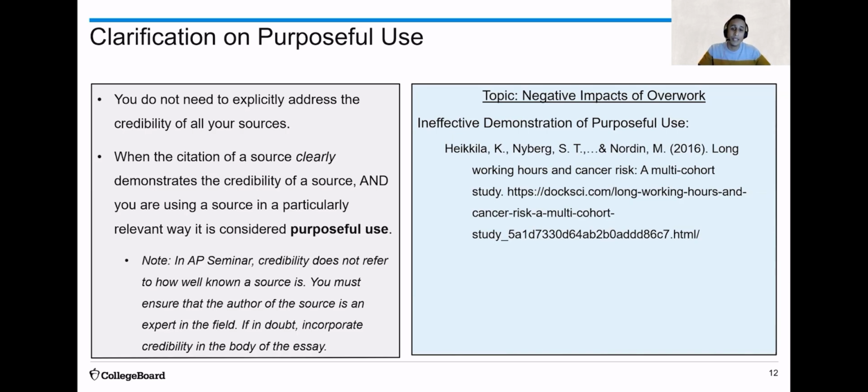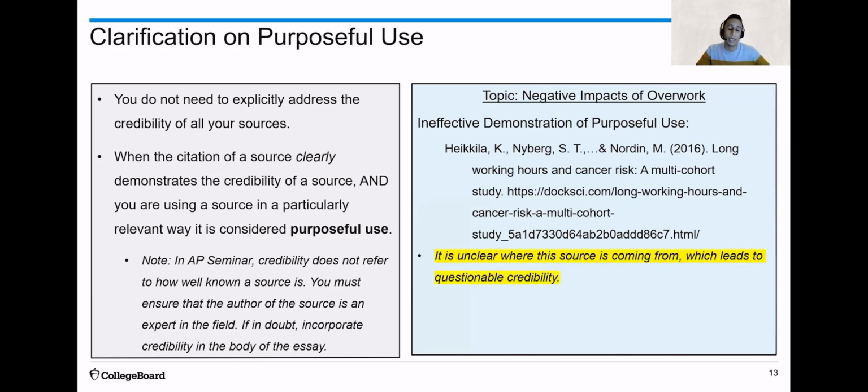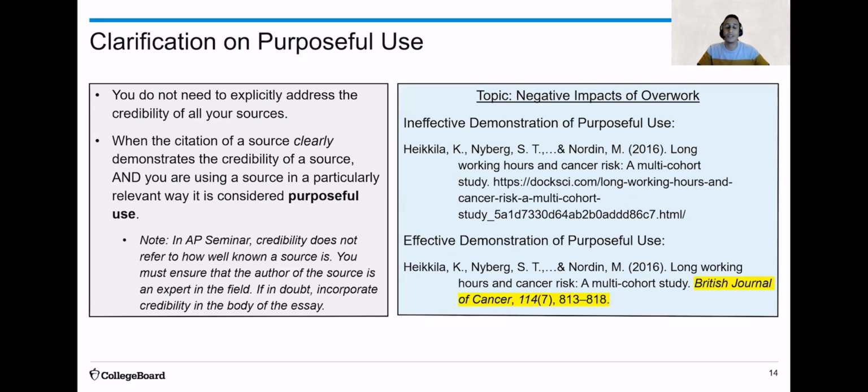So instead of using this citation here, we should be looking for a complete citation. It's unclear where this source is coming from, which is going to lead to questionable credibility. So instead of providing us with the actual URL of where it's coming from, you should be looking to have a complete citation, and that complete citation is going to give us a lot more insight as far as what the credibility of the source is.